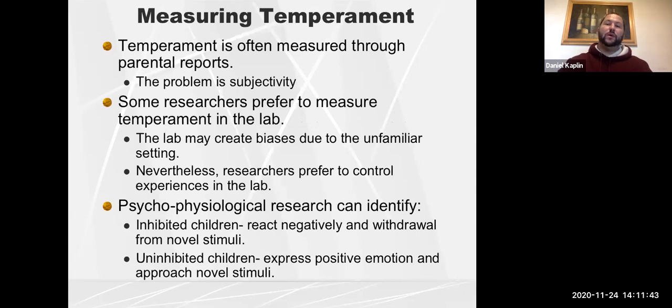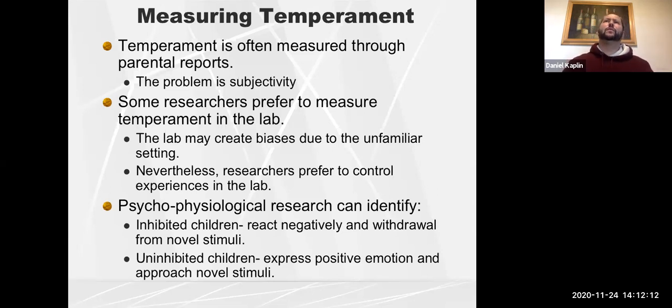So, how do we measure temperament? There are different ways to measure temperament, but one of the more common ways is parental report. Now, we learned earlier in the semester that one of the biggest challenges with parental report is that parents tend to have an overly positive view of their kids, so they might minimize negative behavior.